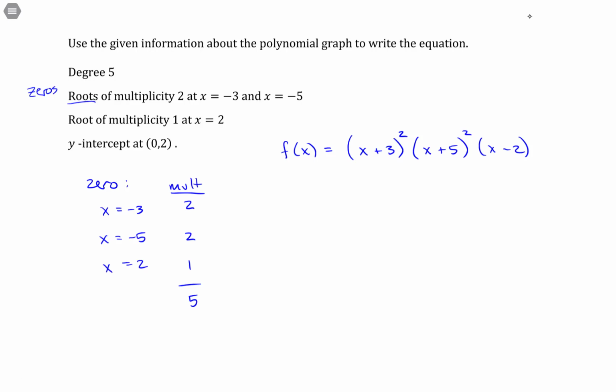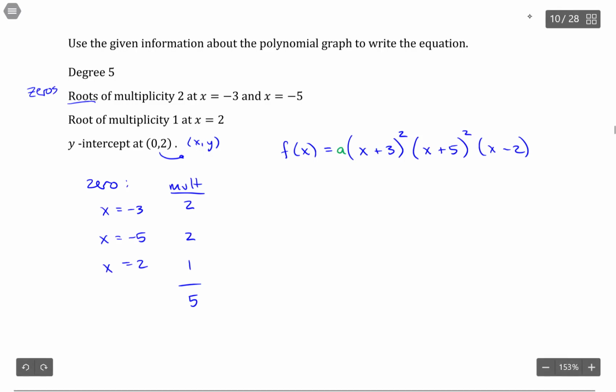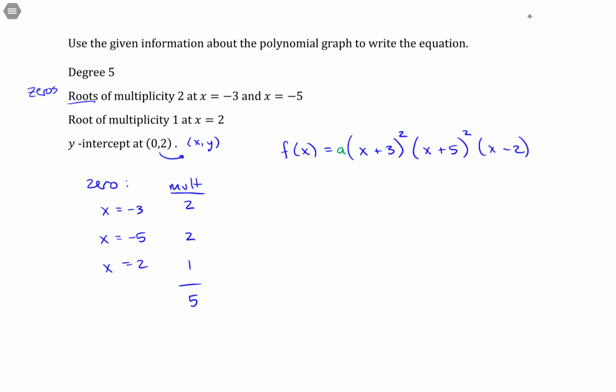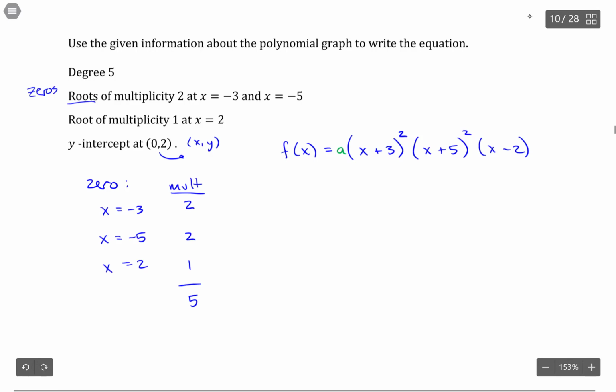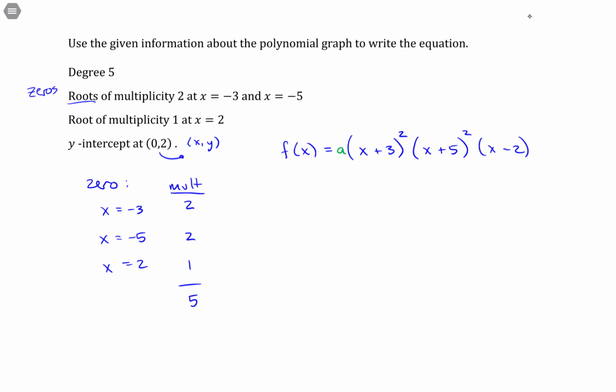Now, the y-intercept. How do we get the y-intercept accounted for? Well, since it's occurring at an xy coordinate pair, the only thing that would change is some constant multiplier of this polynomial. Because we still need all these zeros to pass through, it's just how high the peaks and the valleys reach here.